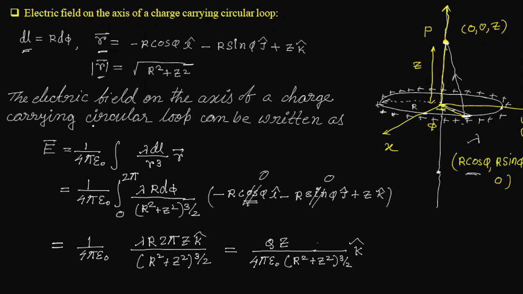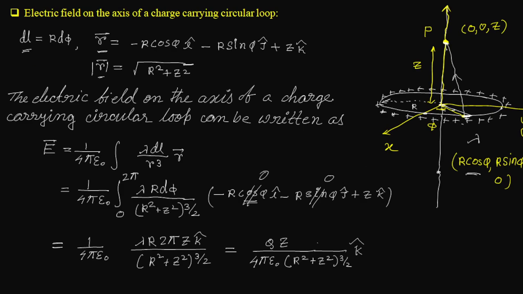Okay, so now once we know the electric field at any point on the z-axis, we are interested in calculating this electric field for some particular cases. Let's write these cases one by one. First, we are interested in calculating the electric field at the center of this loop. What will be the electric field exactly at the center of this loop?